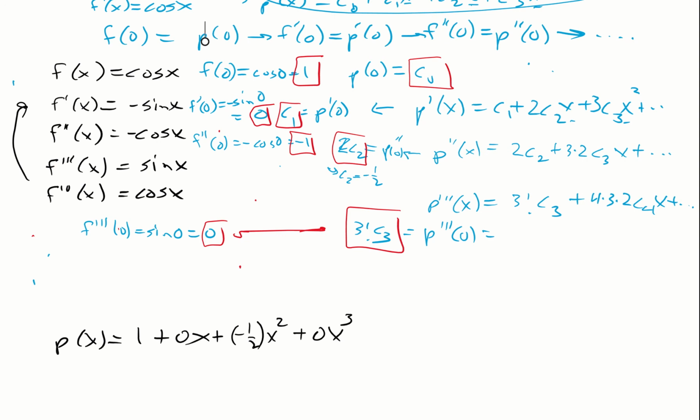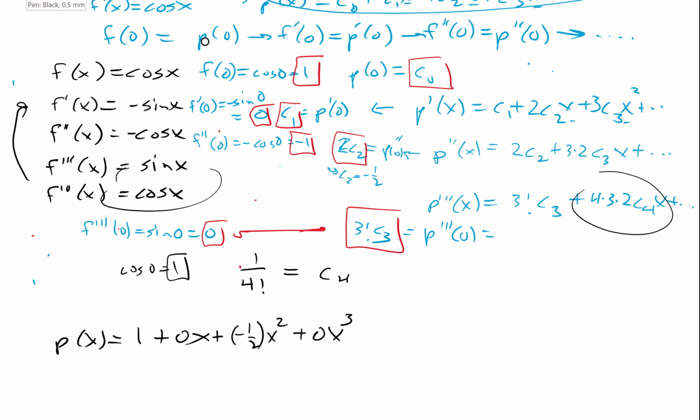All right. Then the next one. Look at this. When we derive, and you can anticipate the answer, we're going to get c4 is equal to 1 over 4 factorial. Because cosine of 0 is 1. We're matching it with 4 factorial c4. They have to match. So we divide it over and we've got it.